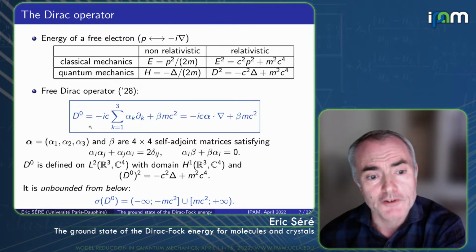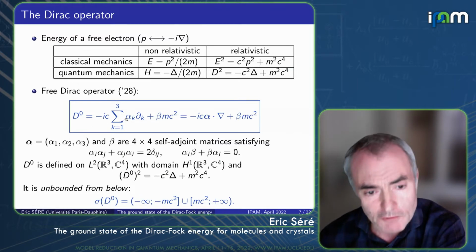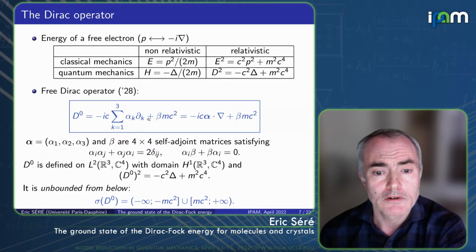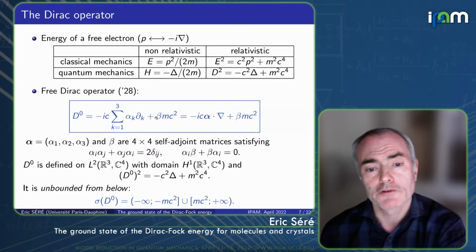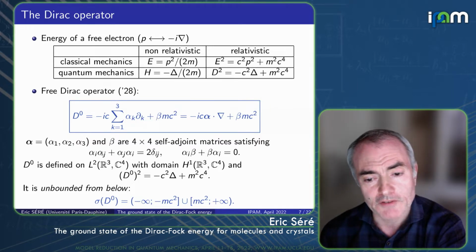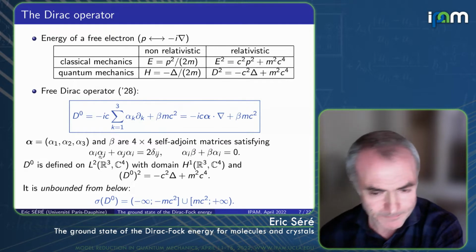It is a first-order differential operator with coefficients alpha k's that are matrices. There is also a coefficient in front of the constant term, which is beta. And in fact, alpha k's and beta should satisfy anti-commutation rules.